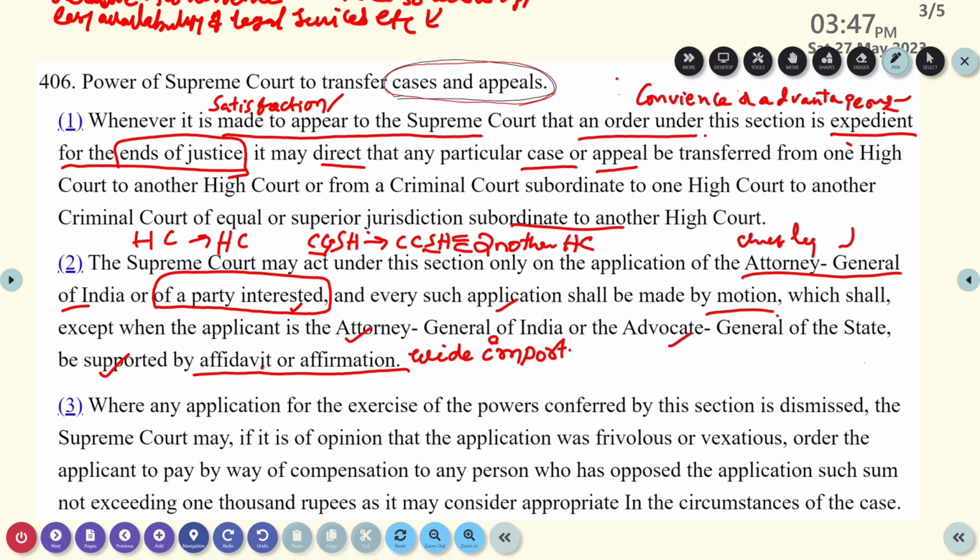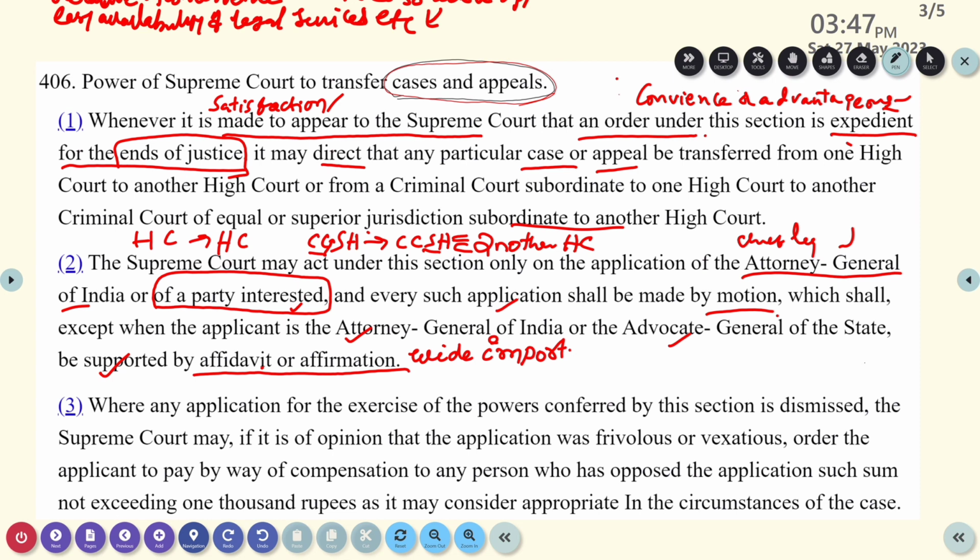Why that petition is to be allowed has to be stated in the affidavit. So clause 2 deals with these aspects: who can apply, and what accompanies the petition.